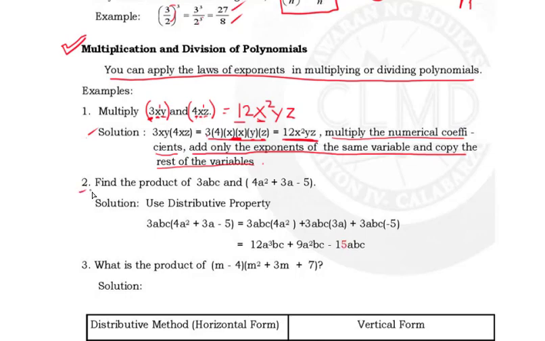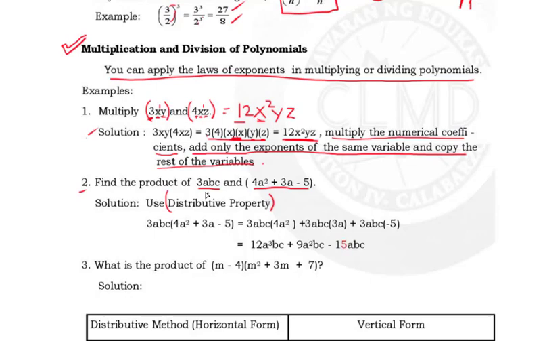Next, problem number 2: find the product of 3abc and 4a squared plus 3a minus 5. What we will do is use the distributive property of multiplication.